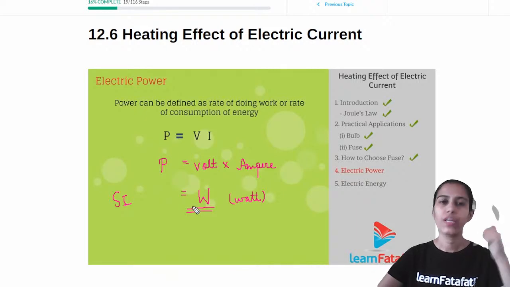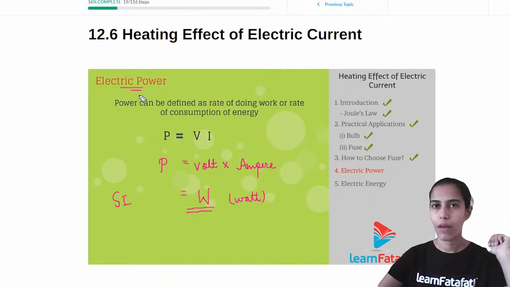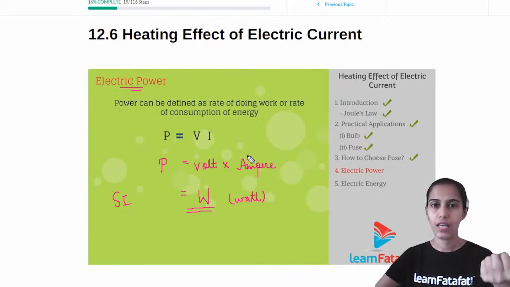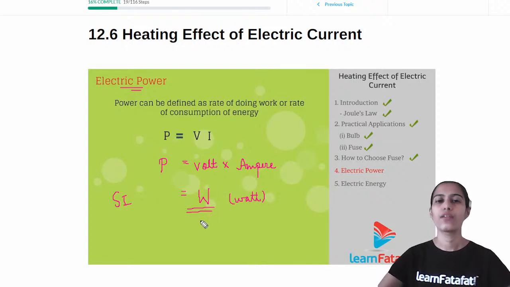So after this you have one more very important definition. One important definition of electric power is done, then you know the different formulas, then I told you the SI units. But after this, if they ask about the definition of 1 watt, what will it be? So how will we make this definition?